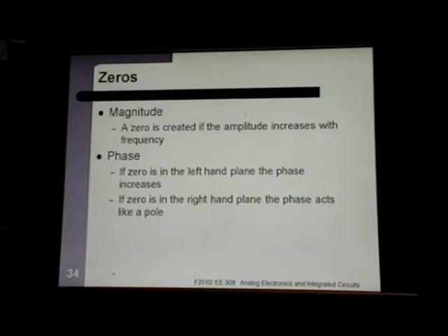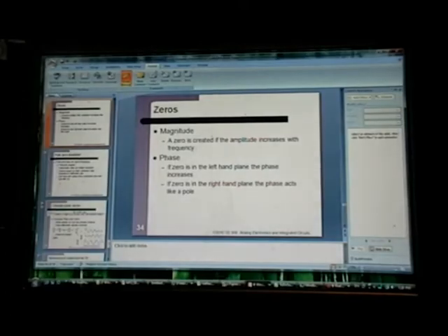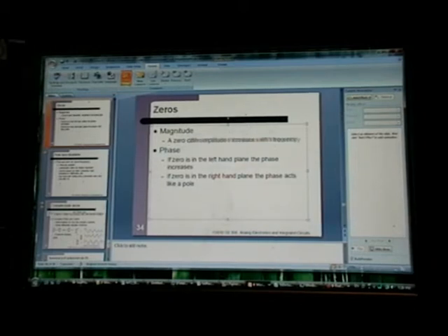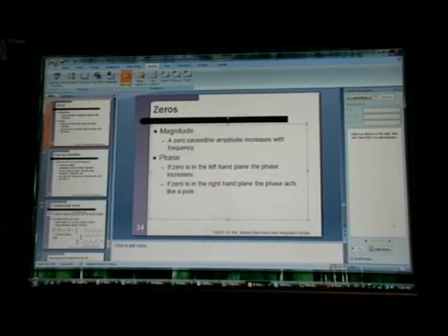Okay, and sorry about the debugging going on here. A zero is created. A zero causes the magnitude to increase with frequency.